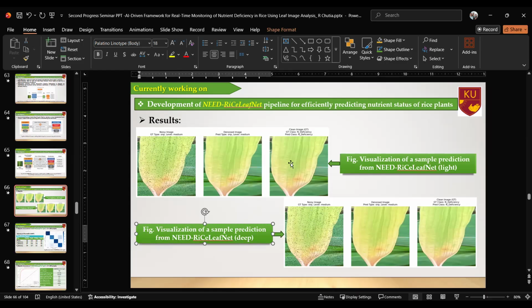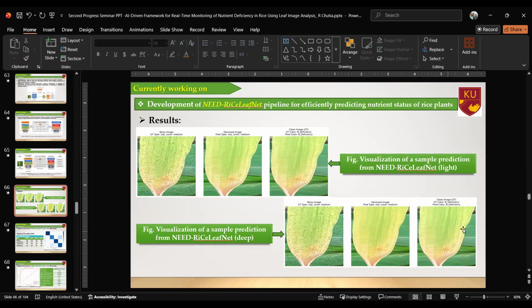Here we can see that the first one is a noisy image, and the second one is a denoised image, and finally the classifier predicts it as a nitrogen deficient leaf image. Again, the same image is supplied to the NeedRiceLeafNet Deep model, and here also it is classified as a nutrient deficient rice leaf image.